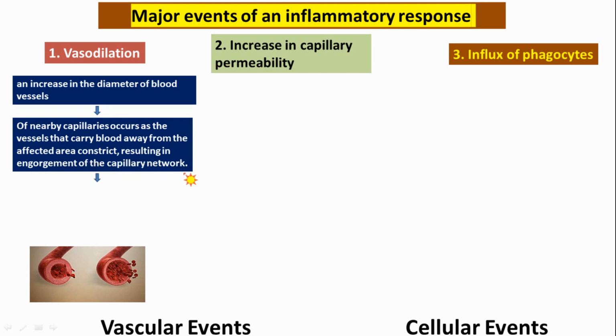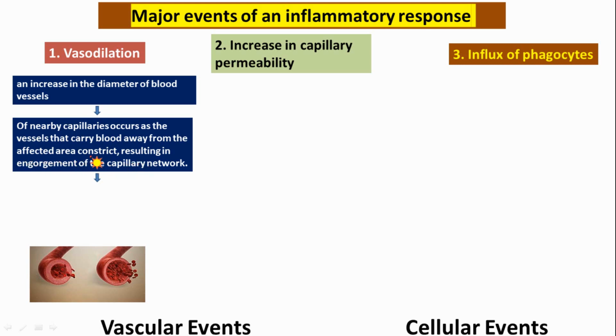What is engorgement? Engorged means caused to swell with blood, water, or fluid. Whenever there is a swelling with blood or fluid within it, the capillary is called an engorged capillary.